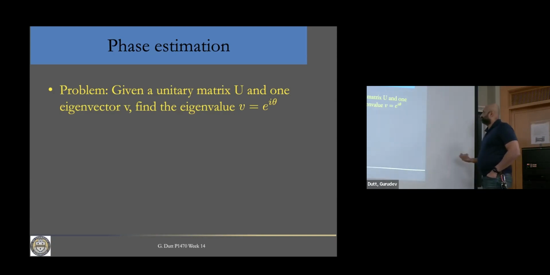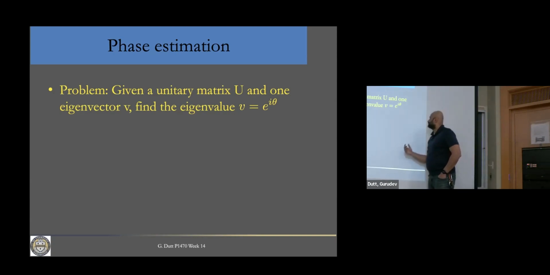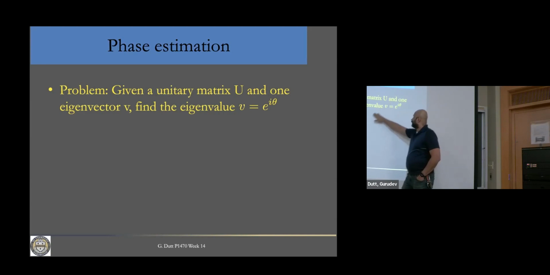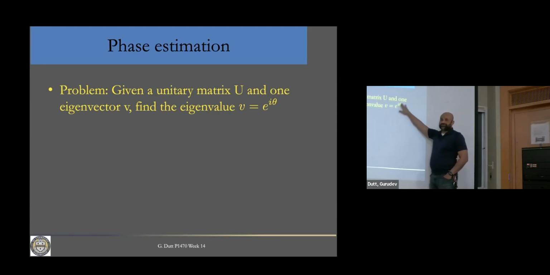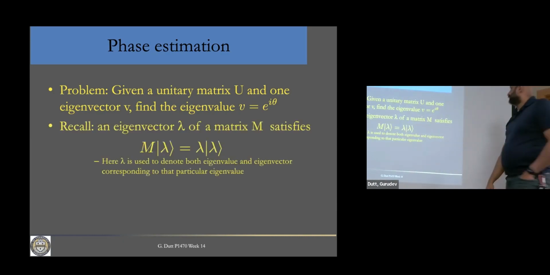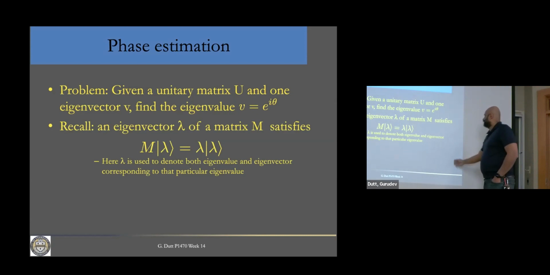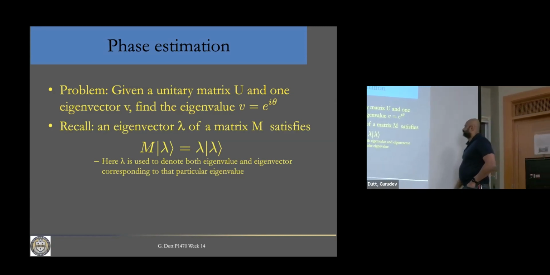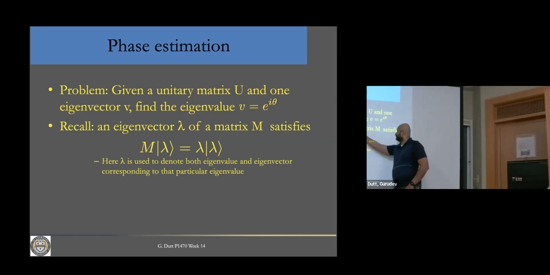Okay. So our first problem is called phase estimation, and the problem statement is as follows: we are given a unitary matrix U and one eigenvector v. Okay. And we have to find the eigenvalue, which is equal to e to the i theta. Okay. And just to remind you, we showed this briefly a couple of times, but an eigenvector of a matrix M satisfies M times ket lambda equals lambda times ket lambda.